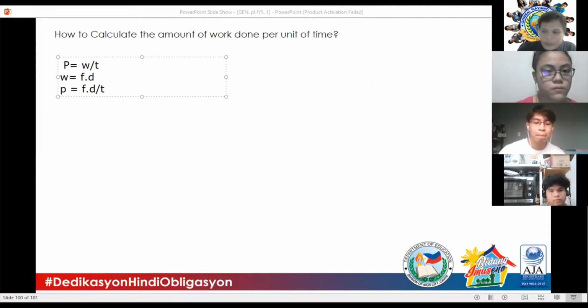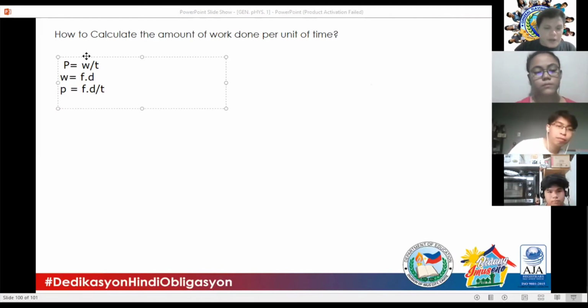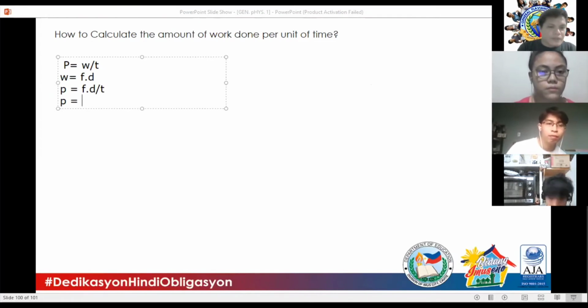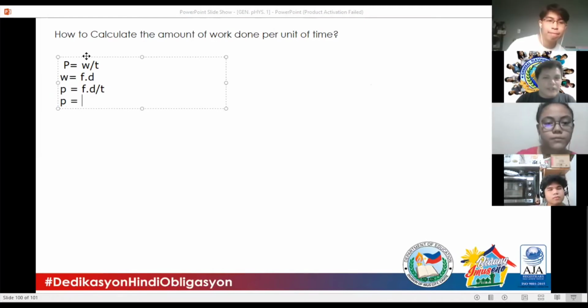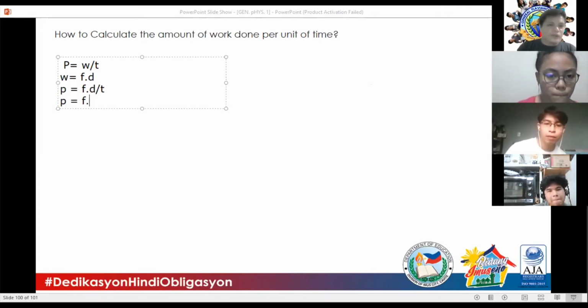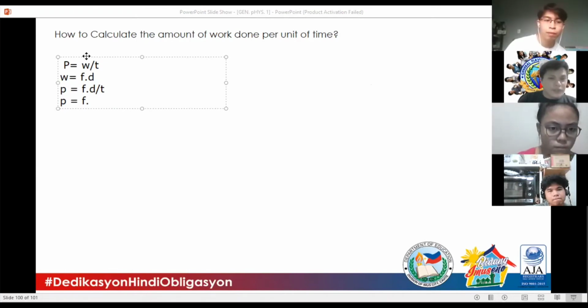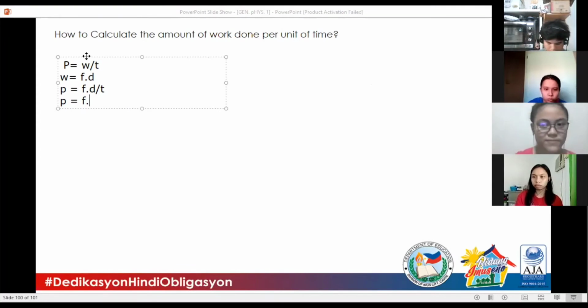And therefore, pwede mo ring i-derive yung power as force times D over T. What is D over T? Distance over time or displacement over time. Glindo, ano yung displacement over time?